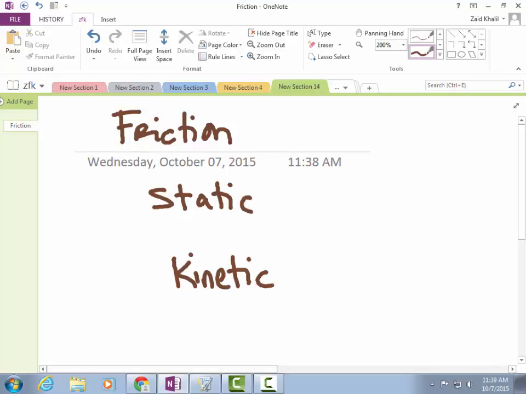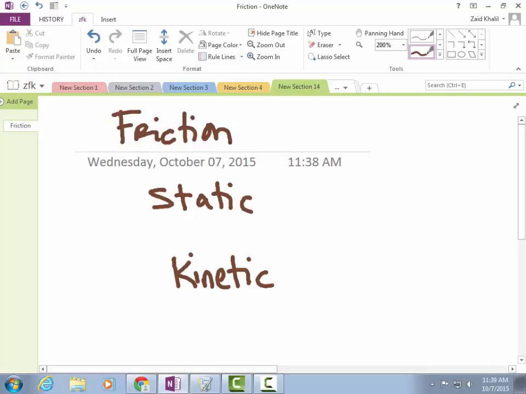Notice I said the relative motion of the object and the surface. There's a reason for this. You'll see there are very subtle things that play out when you begin observing friction from this Newtonian perspective.